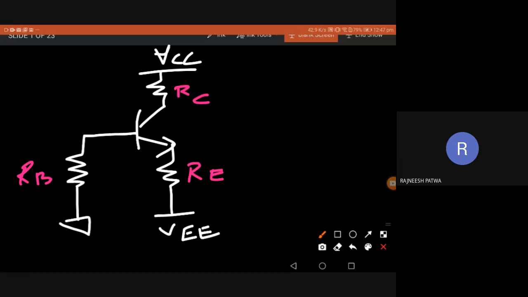Now this is minus 2 volt, and this is plus 10.